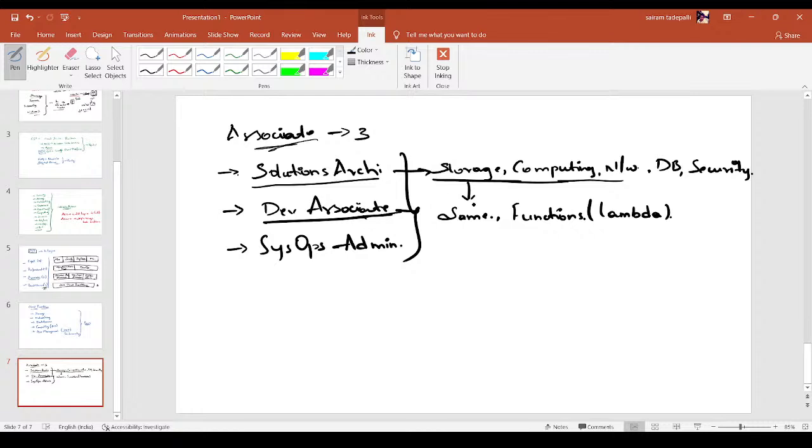Kinesis is one of the reputed streaming platforms where you can take services of Kinesis to store video lectures like Udemy, Coursera, YouTube, like that. So you can give those videos on demand to your customers. And sysops admin is completely administrative work, admin work. So these three are different associate level certification programs.